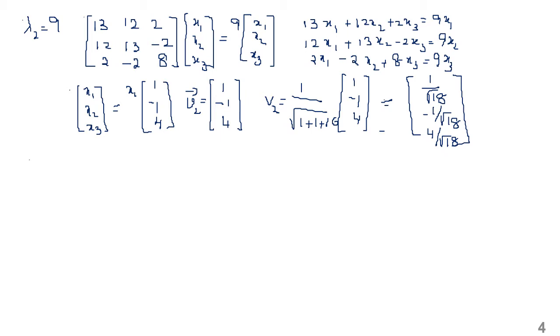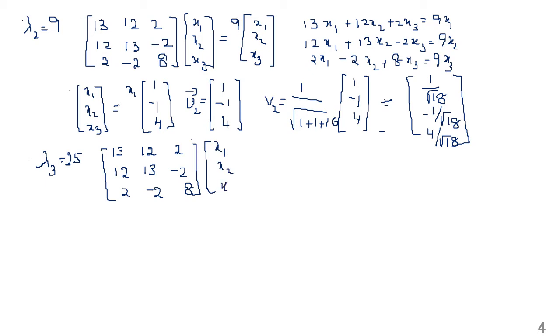Finally, we have the third eigenvalue. It is lambda 3 is equal to 25. So B into X, 13, 12, 2, 12, 13, minus 2, 2, minus 2, 8, multiplied by the variable x1, x2, x3 is equal to 25 times x1, x2, x3.